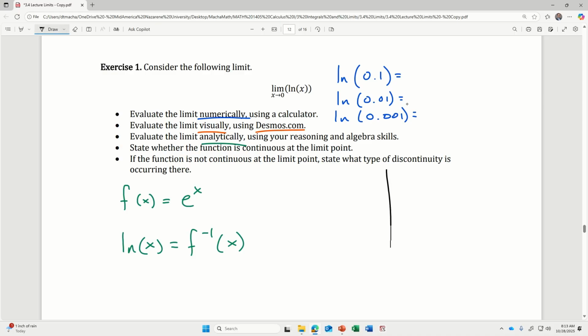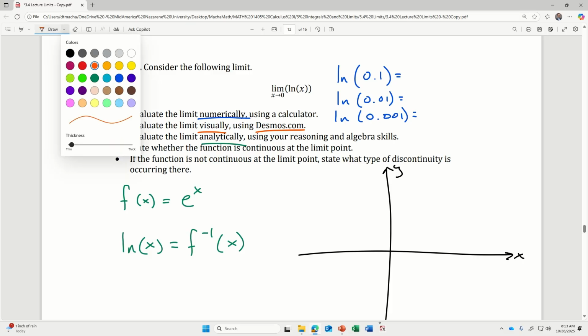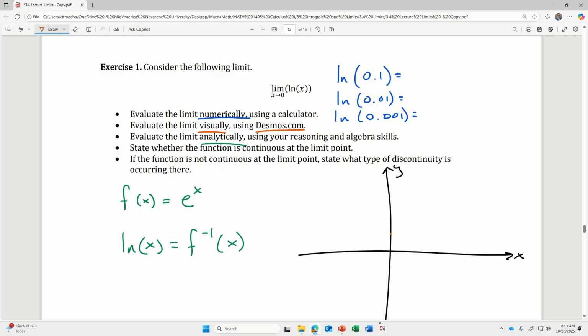And to remind you, e to the x is a curve that is always positive and strictly increasing, and it grows exponentially, right? So it's very flat, barely increasing on the left, and very steep and very quickly increasing on the right. And when x is equal to 0, e to the 0 power is 1.